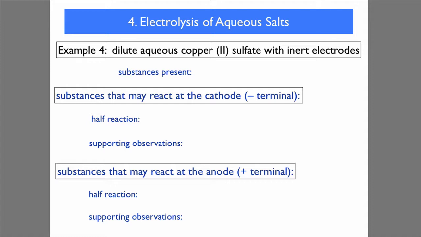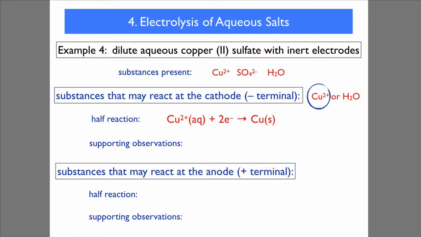What about dilute aqueous copper(II) sulfate? So we've got copper ions, sulfate ions and water. Substances that may react at the cathode are going to be the copper and the water. Quick check to see which one is more likely. And you'll see it's going to be the copper. So we're getting copper metal forming.